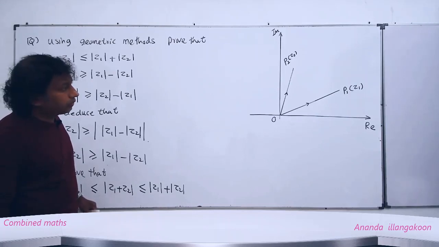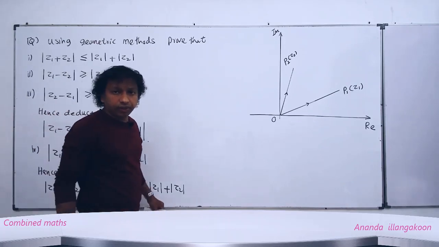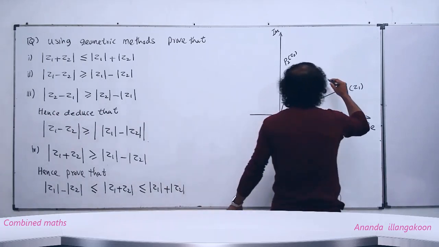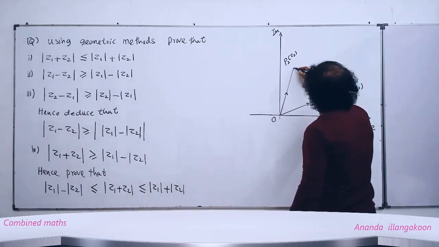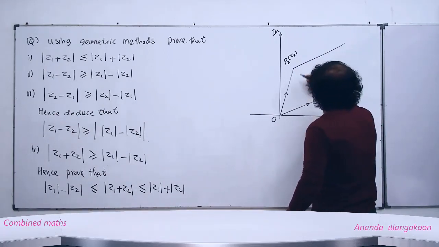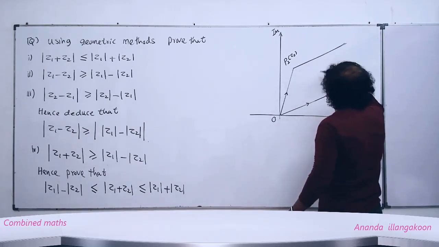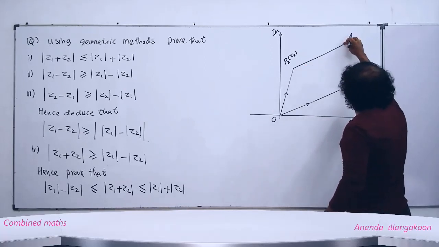Then I can construct the parallelogram with OP1 and OP2 as the adjacent sides, like this.